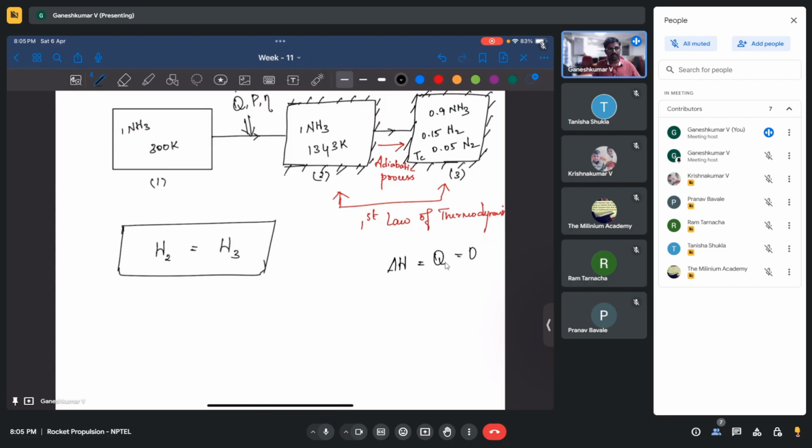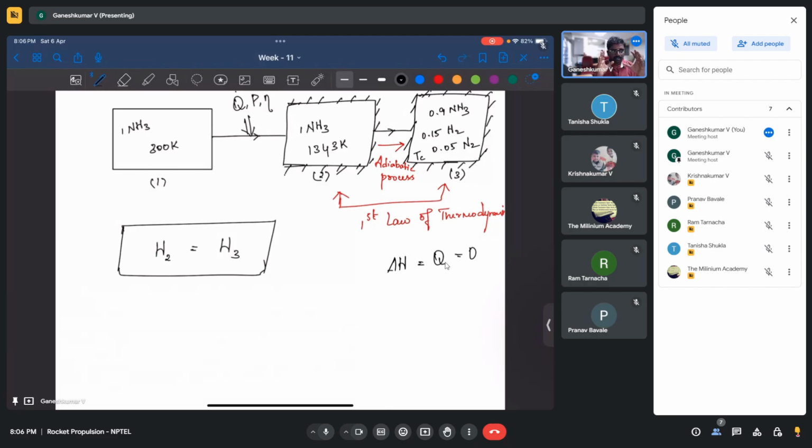From 2 to 3, once you have reached a higher temperature, you are just going through a decomposition. Because of dissociation, you need some energy. That energy is taken from whatever energy it has within. So if it has 100 joules of energy, and dissociation takes 10 joules, then at the end it will have 90 joules. If the 100 joules corresponds to 1400 Kelvin, 90 joules will correspond to some lower temperature.